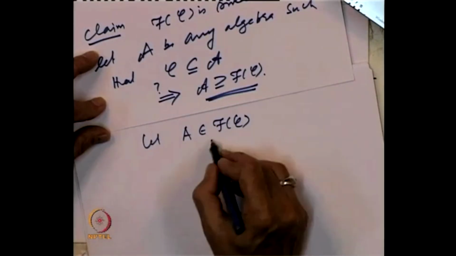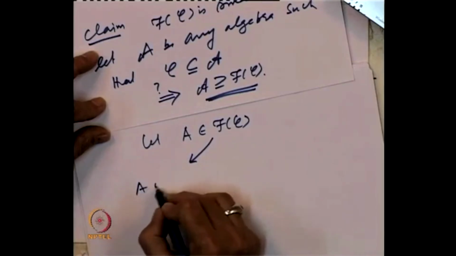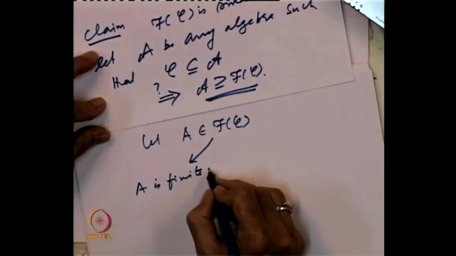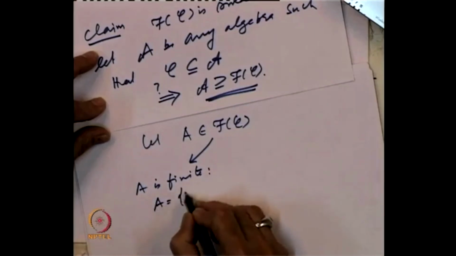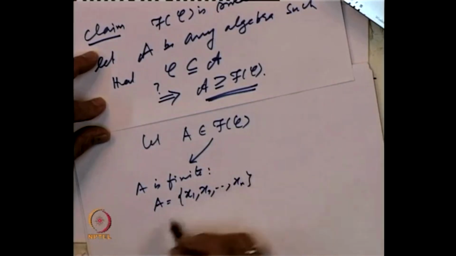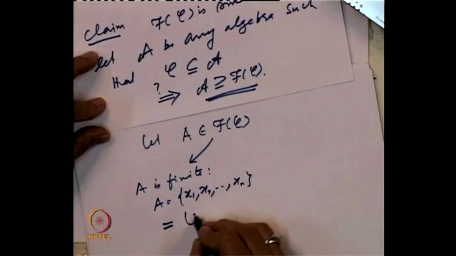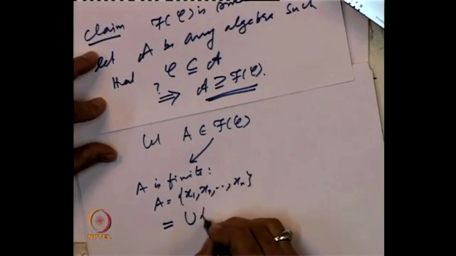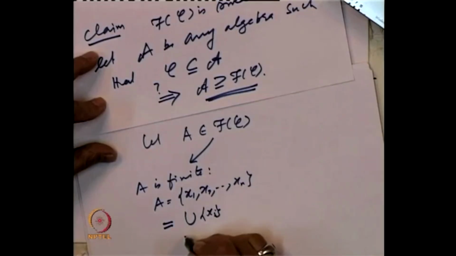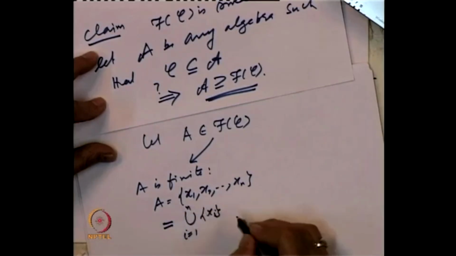So two possibilities. One, A is finite. So let us write A as x1, x2, up to xn. That means this is equal to the union of singletons xi, i equal to 1 to n.